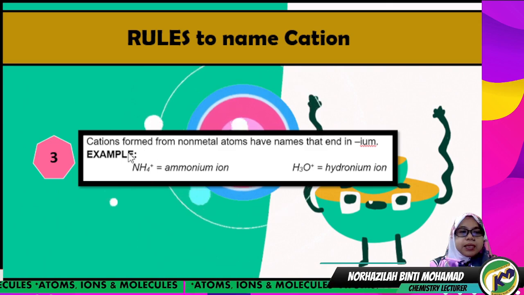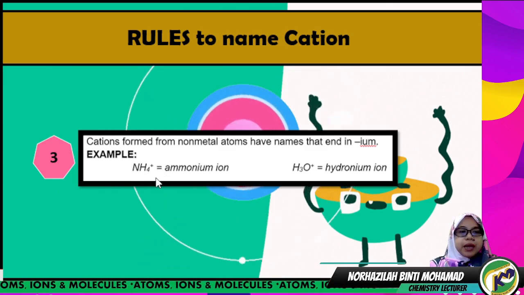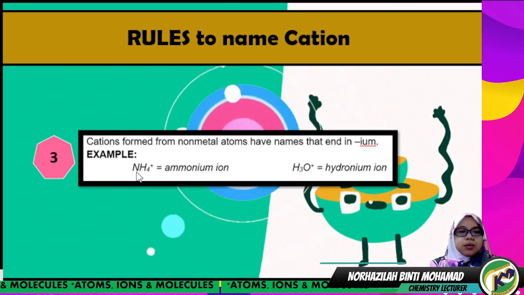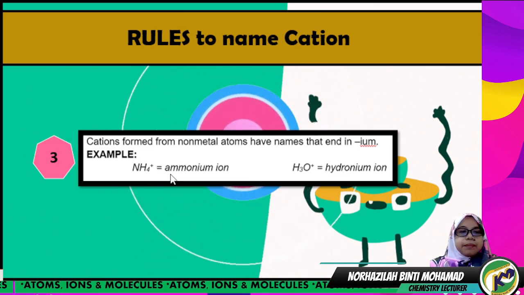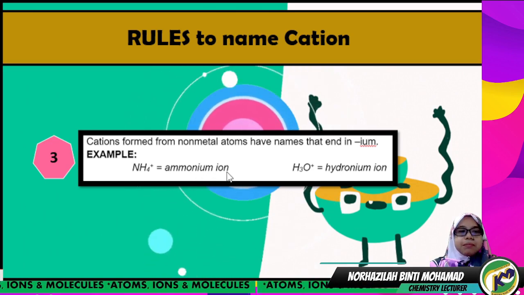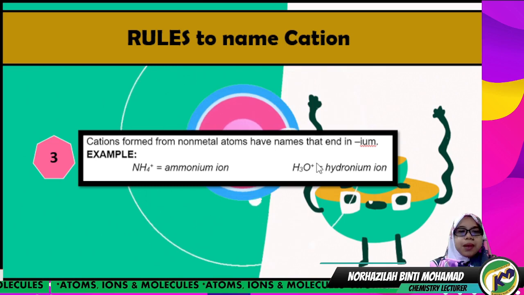this ion comes from ammonia. To form a cation, we add one hydrogen, so it becomes NH4 plus. So the name changes from ammonia to ammonium ion. Like this one, H3O plus.